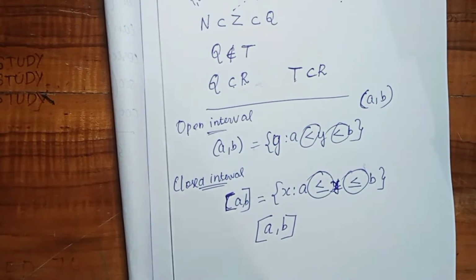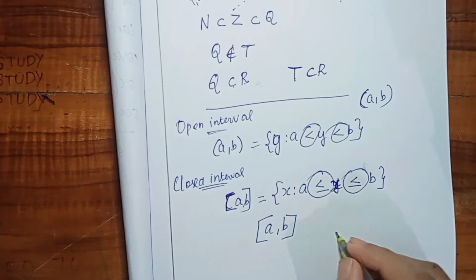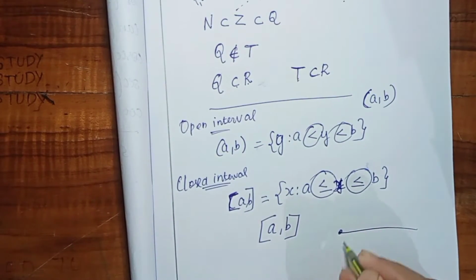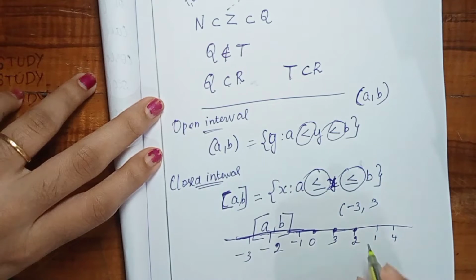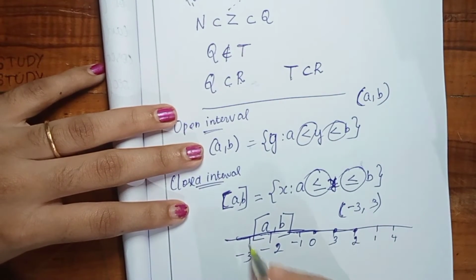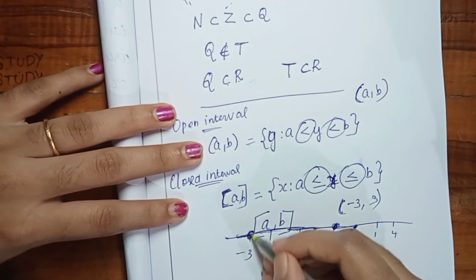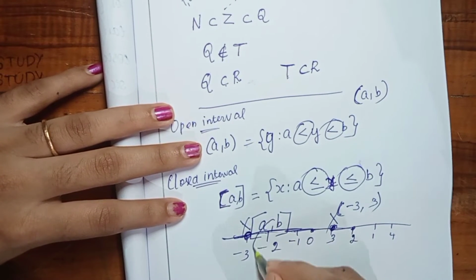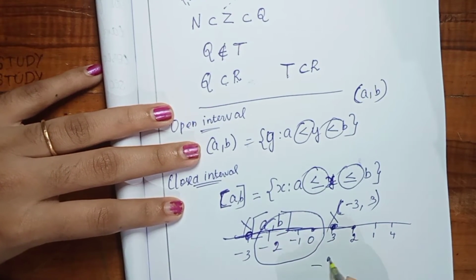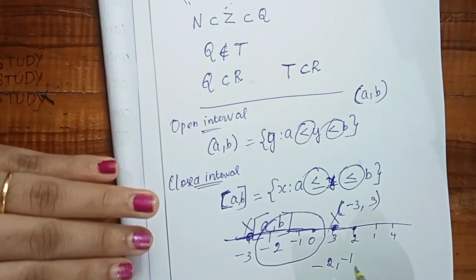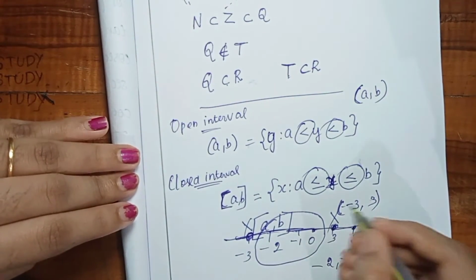What does this symbolize? If you are drawing a number line for this bracket, the bracket is like this, right? So -3 to 3. You will not include these two numbers, but you will include the numbers between them. You will not add -3 and 3.